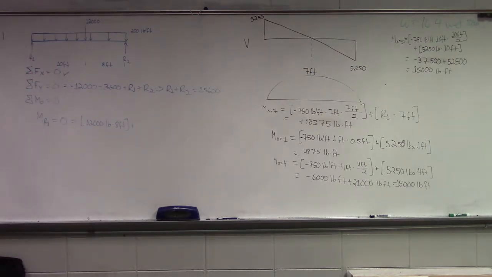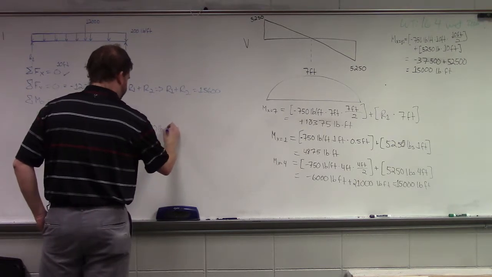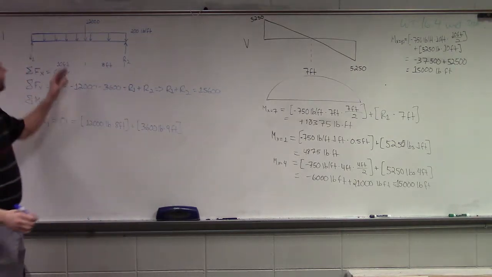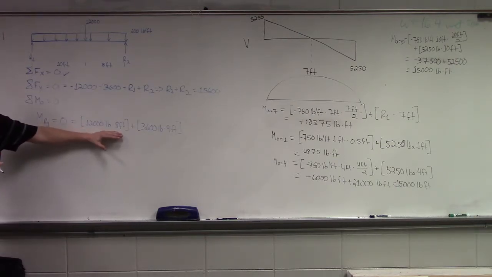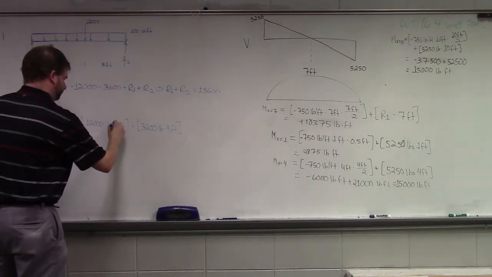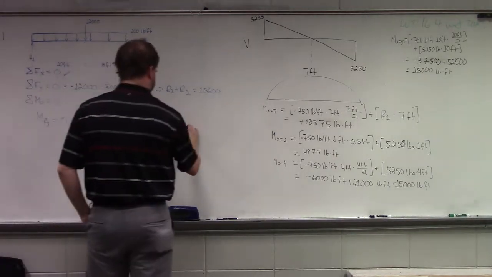What about our uniformly distributed load? 3,600 pounds times 9 feet. Jay resolved the force into a point load. It's occurring at the midpoint. Is this 8 feet? It'd be 10 feet. It's 10 feet, right? Now what about R2? R2 times 18.